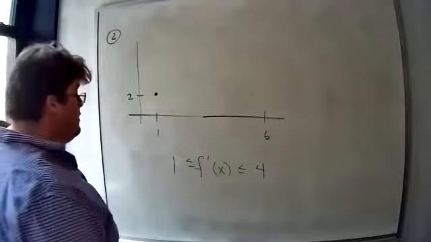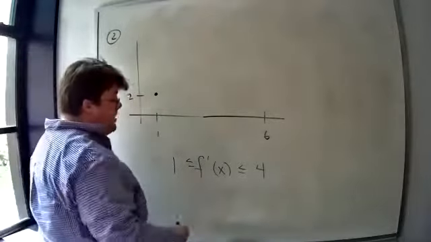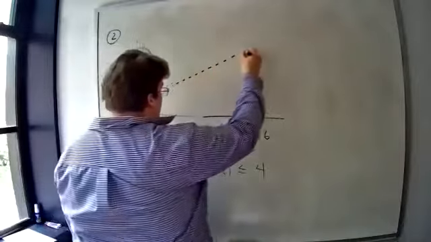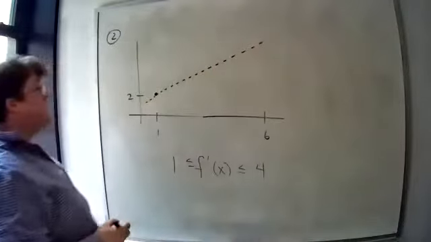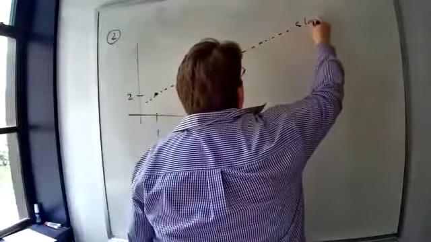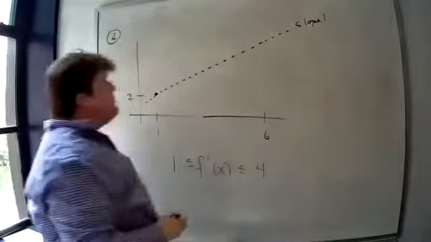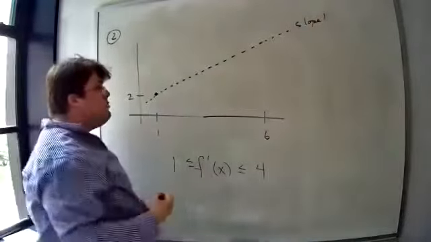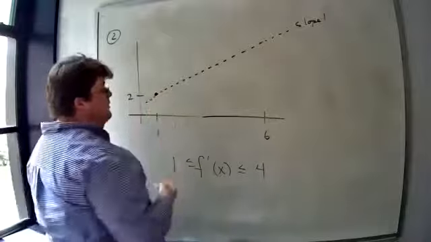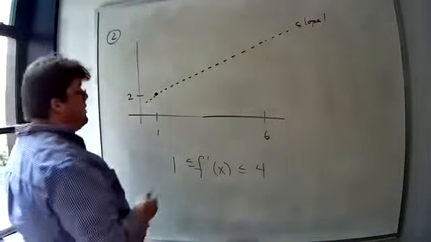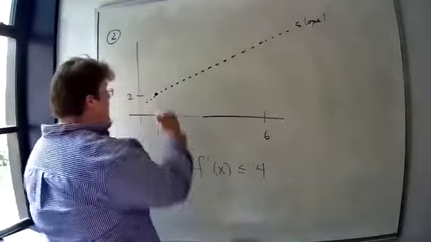But at a minimum, the slopes of the tangent lines are going to be 1. So at a minimum, we'll say that's a slope 1. At a minimum, our function cannot go under that slope of 1. If it goes under this, you're going to find a point where the derivative is less than 1. But also, it's bounded above by 4.